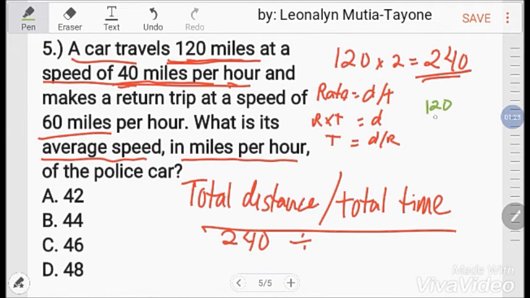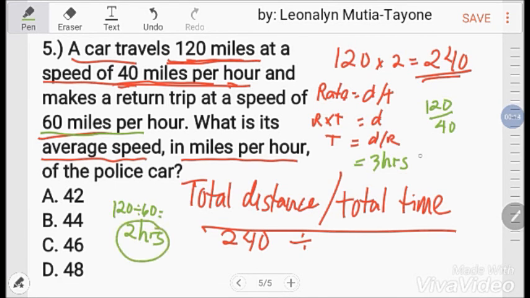Divide mo sa 40 na rate and your time will be 3 hours. Yung isa naman, 60 miles per hour. 120 divided by 60 and that is 2 hours. So, 2 hours plus 3 hours, that is 5 hours. Yan na yung total time.